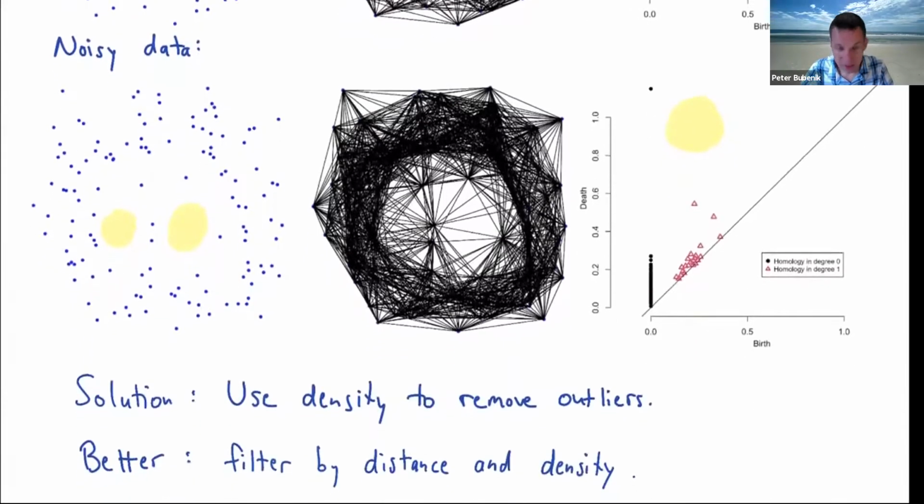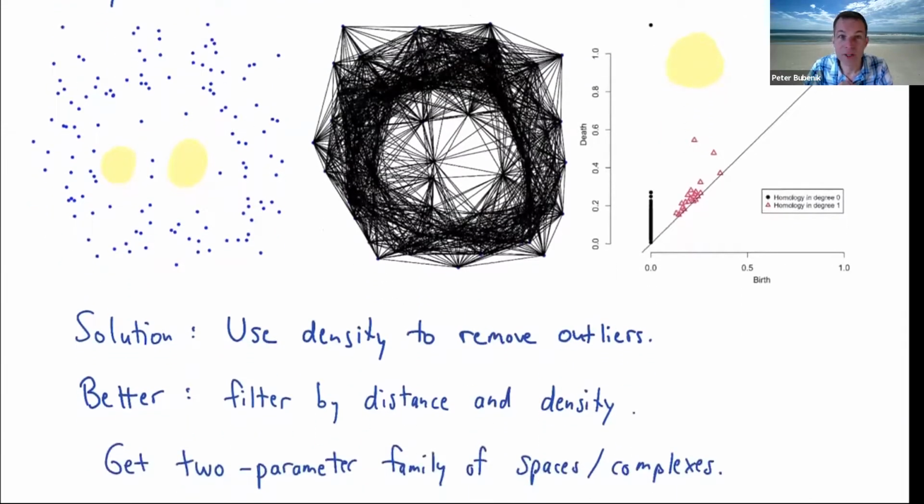So what we'd really like to do is to look at all possible thresholds for density and assemble all of that data into one mathematical structure, and then to kind of analyze that structure. So if we do this, now we have a 2-parameter family of spaces or complexes.